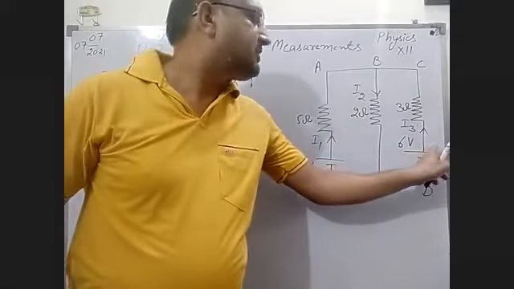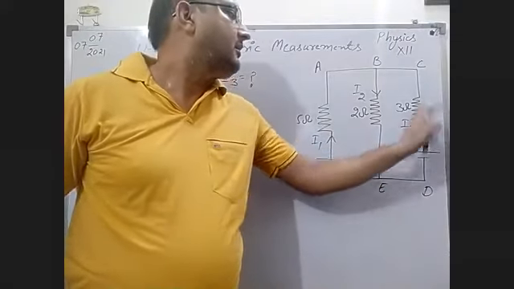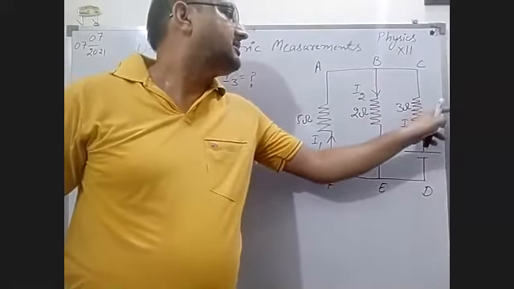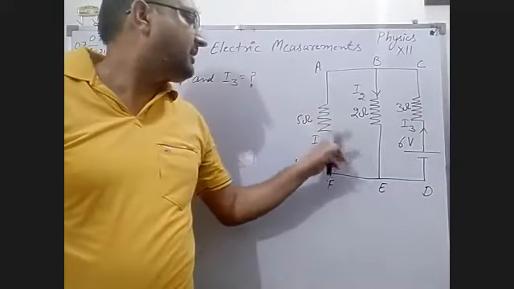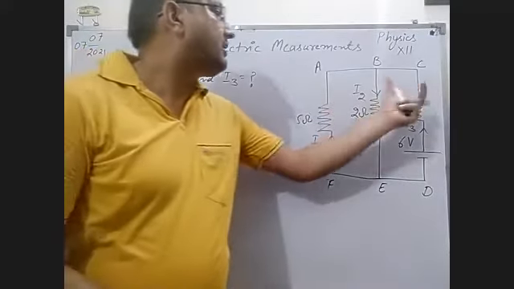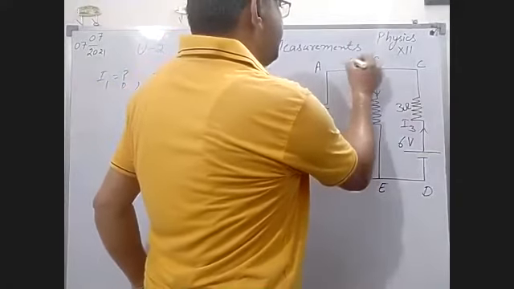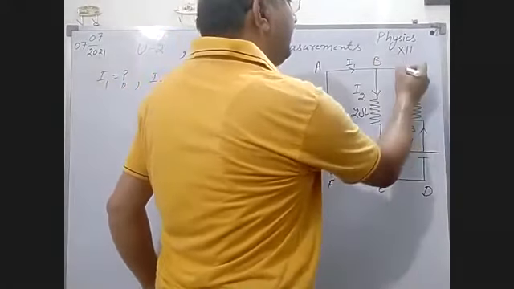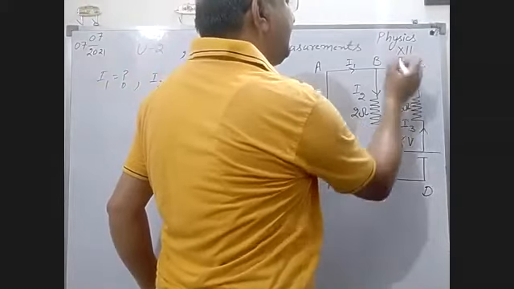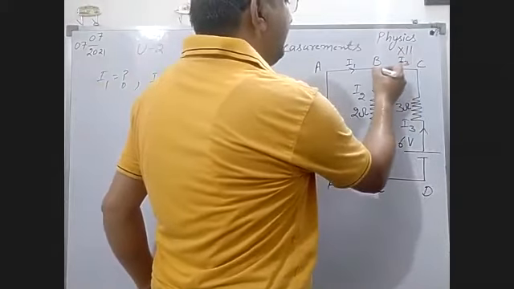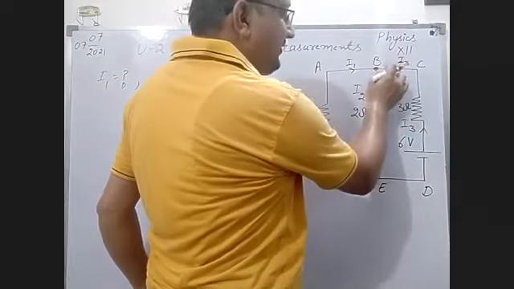This is also a positive terminal, current runs. I3 passes through 3 ohm, I1 passes through 5 ohm. From there you can see I3 current, and this is a junction point you can take.